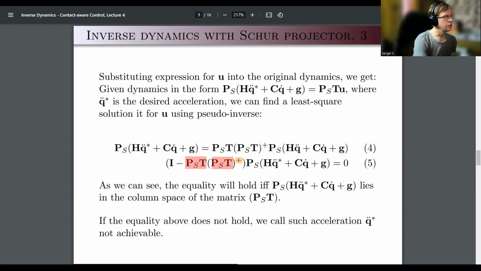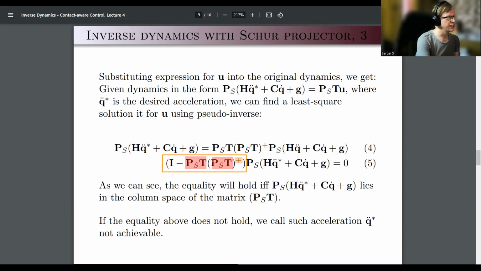Now, for this matrix PST. Now this I minus column space projector together forms a left null space projector. So this is a projector, an orthogonal projector, not just any projector. Like PS is a projector too, right?